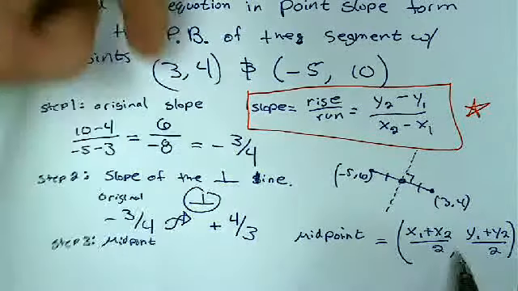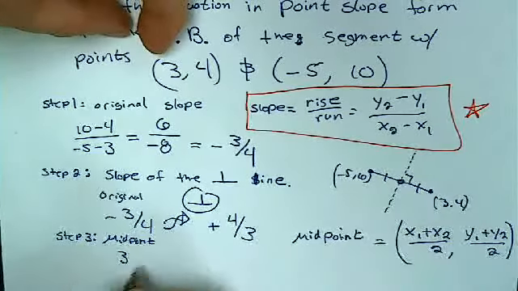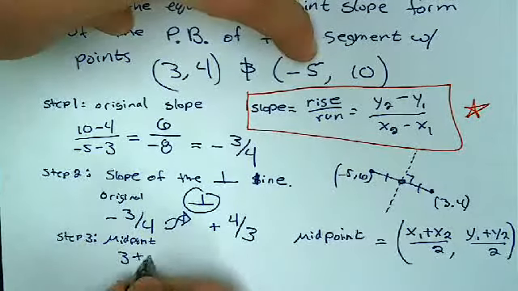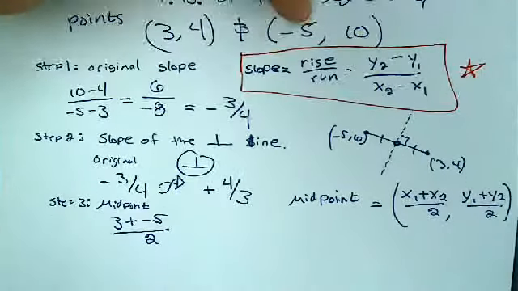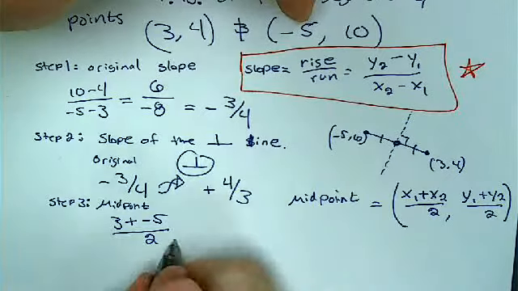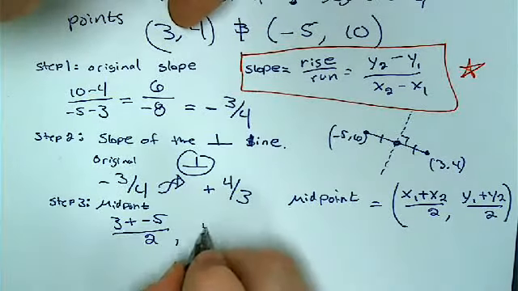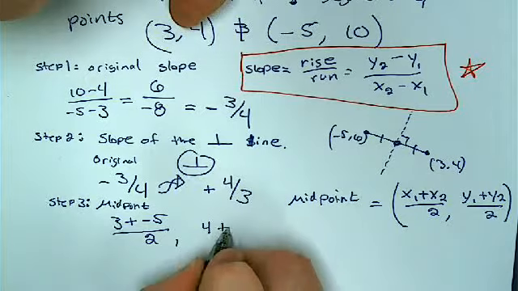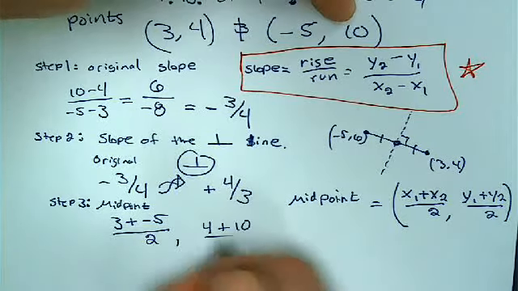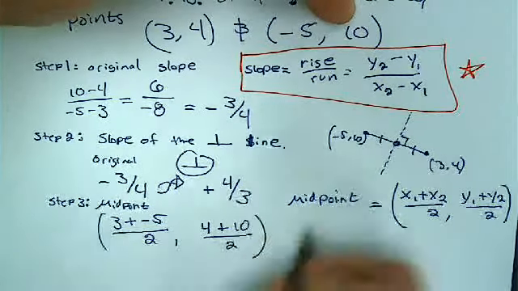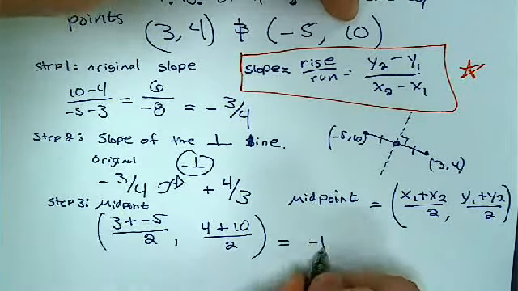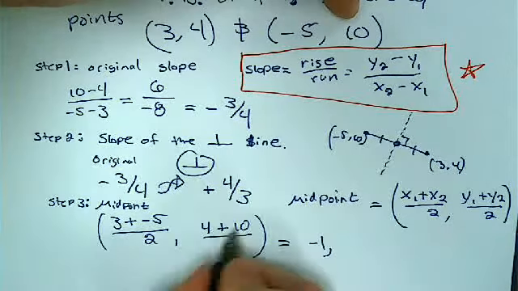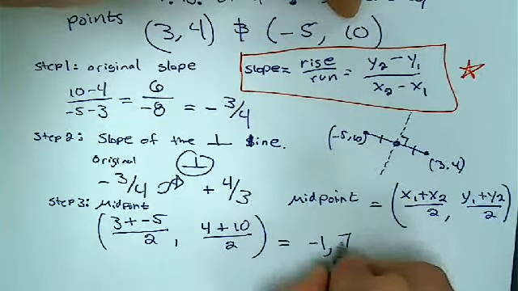So x1, that's 3. x2, negative 5, divided by 2. Comma. y1, that's 4. Plus y2, that's 10, divided by 2. So this gives me negative 2 over 2, which is negative 1. 4 plus 10 divided by 2, which is 7.